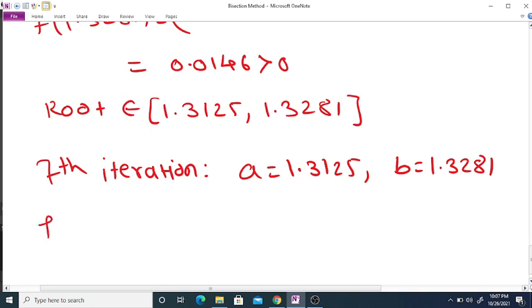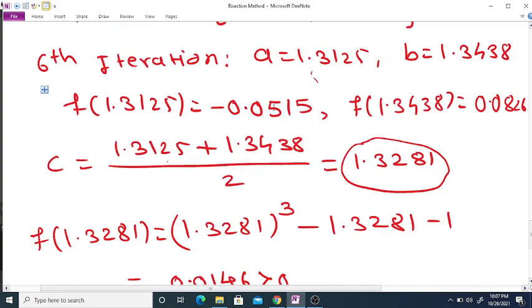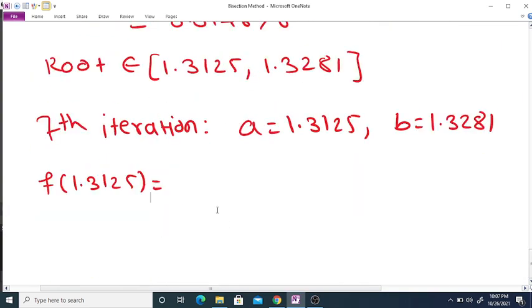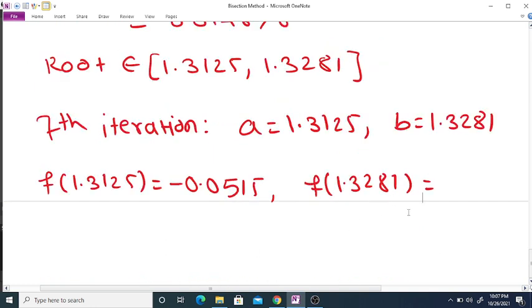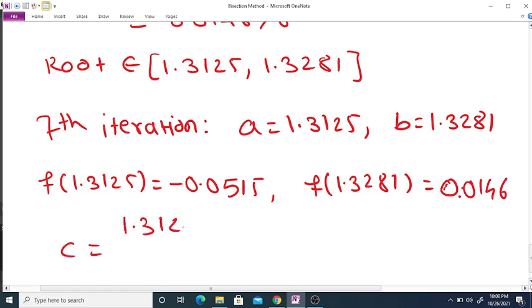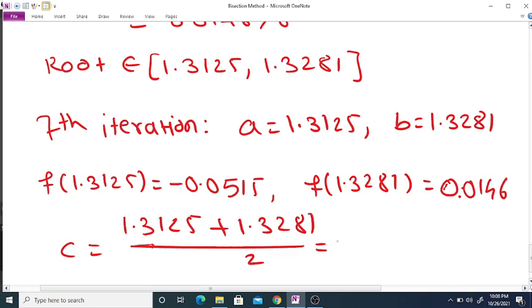Here f of 1.3125 is equal to minus 0.0515 and f of 1.3281 is equal to 0.0146. Therefore, the value of c is equal to 1.3125 plus 1.3281 divided by 2, which is equal to 1.3203.